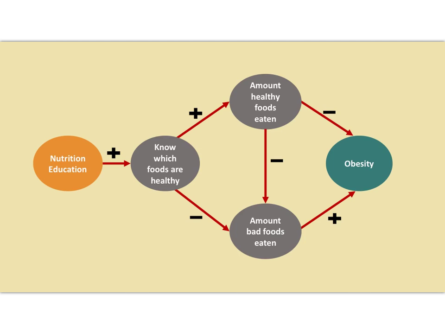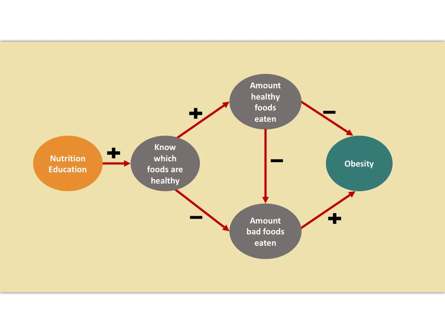We also have more knowledge about which foods are healthy, less of the bad foods eaten, less obesity. So again, notice that even though there was a plus sign, that didn't mean that going along this branch, obesity goes up. It means obesity goes in the same direction as the amount of bad foods. Amount of bad foods goes down, obesity goes down.